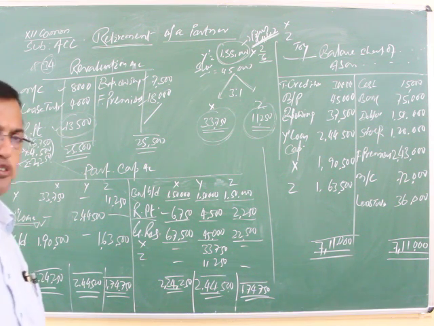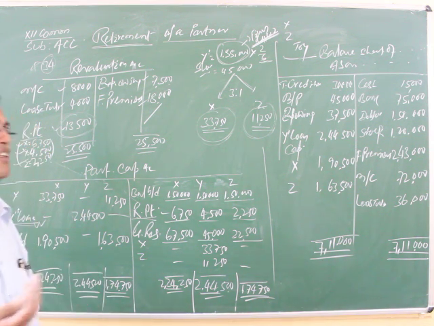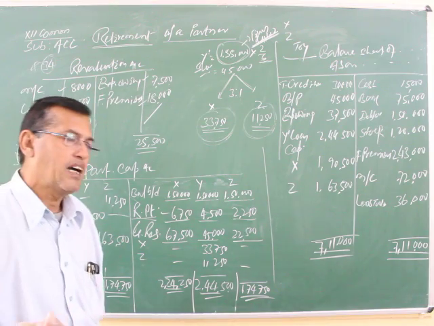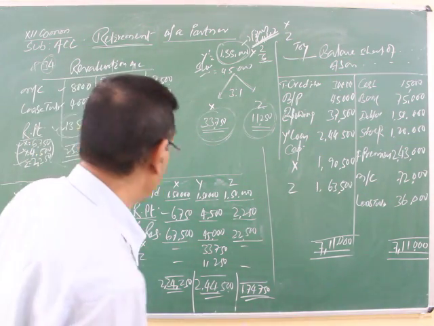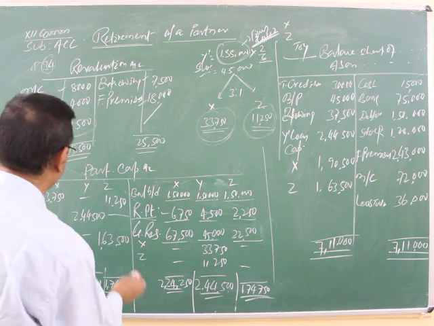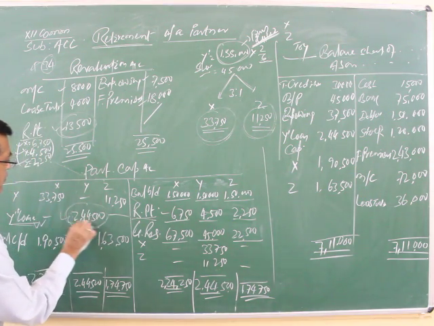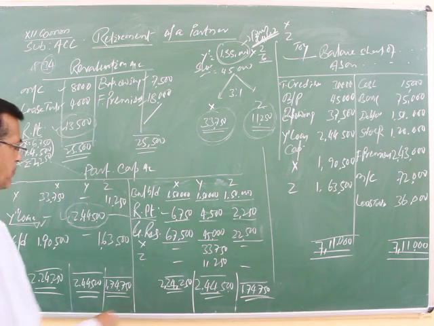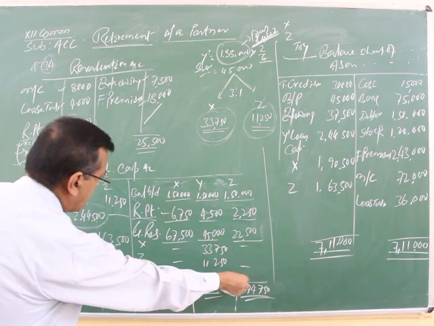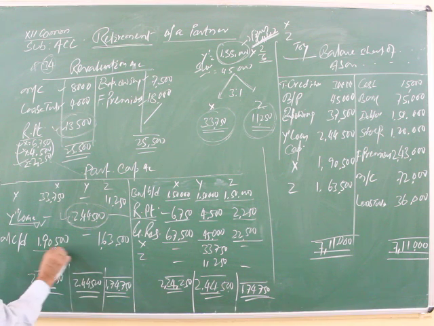So according to the question, we have to do it. But here the question is completely silent. So the retiring partner's share of capital is transferred to the concerned partner's loan account, 2,44,500. After this, the remaining partners X and Z are added, and we get the balancing figures 1,90,500 and 1,63,500.